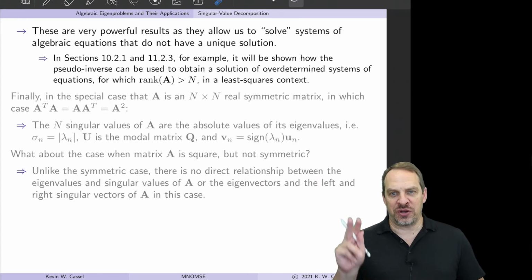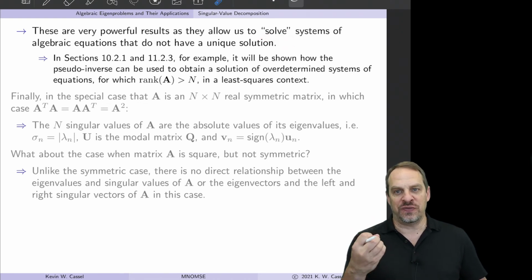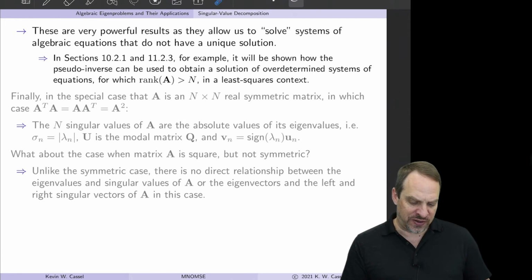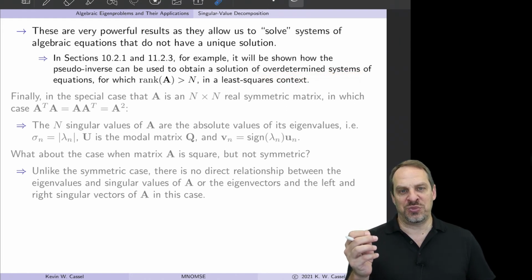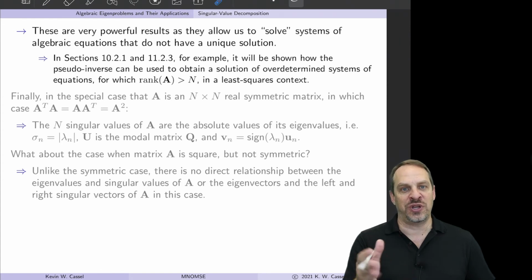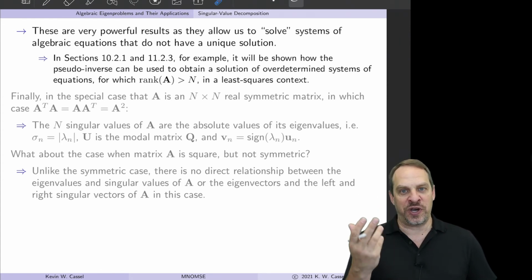So this gives us a way to quote-unquote solve systems that normally we think of in a chapter 1 sense as not having a solution. So if you have, say, an overdetermined system, which means you have more equations than you do unknowns, there are too many equations for the number of unknowns. You can quote-unquote solve that. Now we have to define what we mean by a solution of such an overdetermined system.